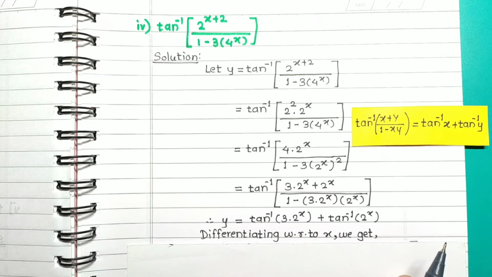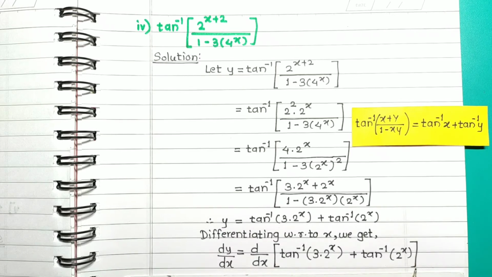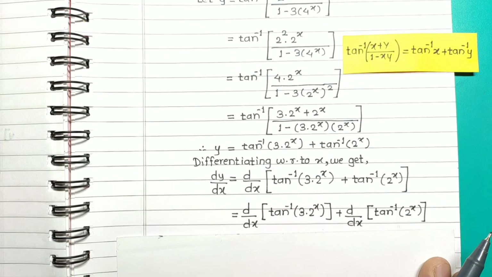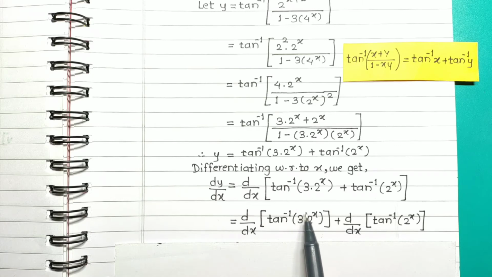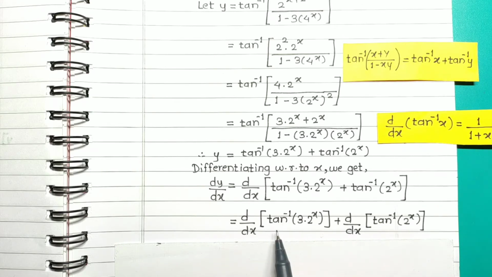So let's differentiate. Differentiating with respect to x, we get dy by dx is equal to the derivative of this sum, and we can add these derivatives separately. So let's write this as the derivative of tan inverse of 3 into 2 raised to x plus the derivative of tan inverse of 2 raised to x. Now see, again here it is a composite function as we have discussed in the previous 3 examples. So tan inverse of something. So you are using this standard formula. You use the chain rule here to write down this derivative.